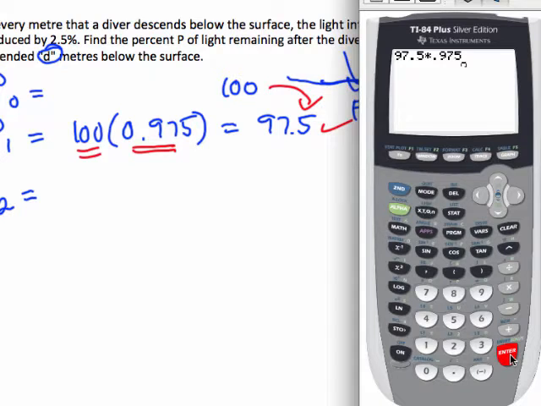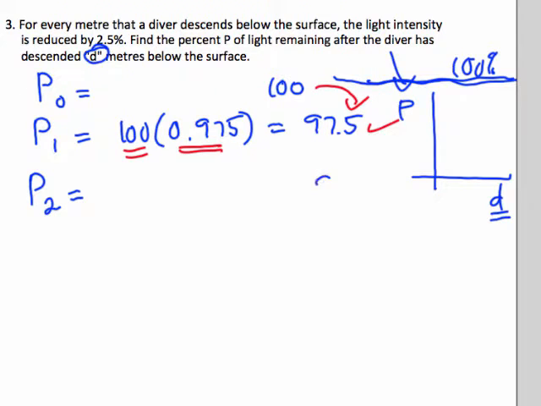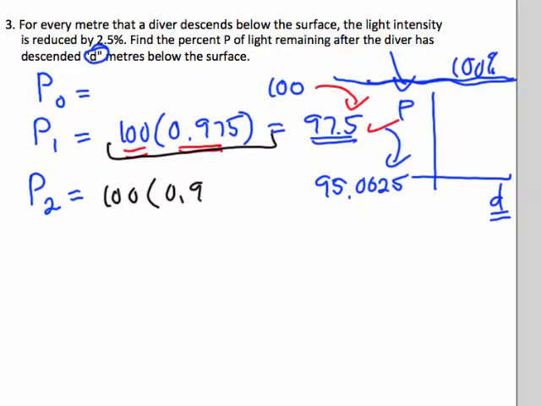And so I now have 95.0625 units of light left after going down 2 meters. So notice that this did not go down by 2.5 units. We took this previous amount, which is the same as all of this, and we multiplied it by another 0.975, which makes it to the exponent 2.